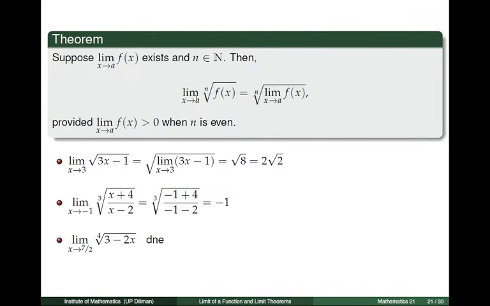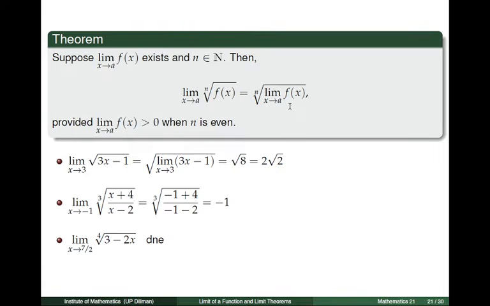The limit of the nth root of f of x as x tends to a is the same as the nth root of the limit of f of x as x tends to a, if this limit here exists, provided that when n is an even index, then the limit inside the radical sign should be positive.